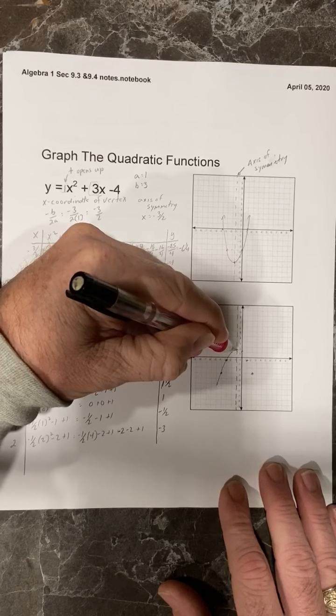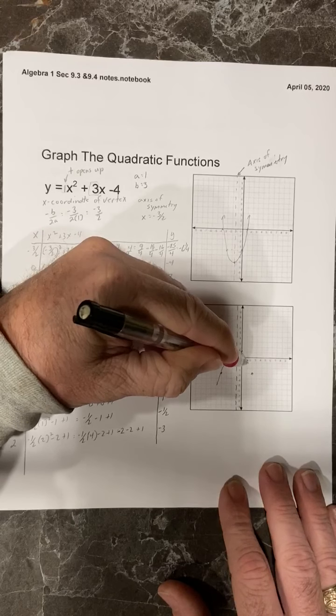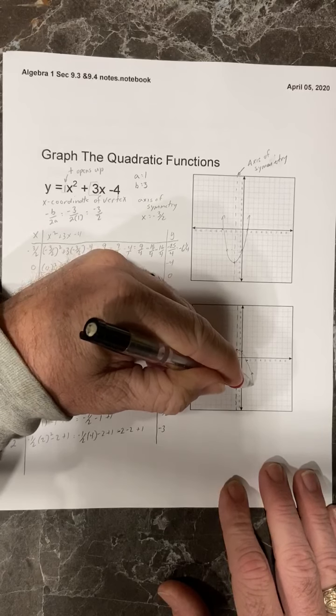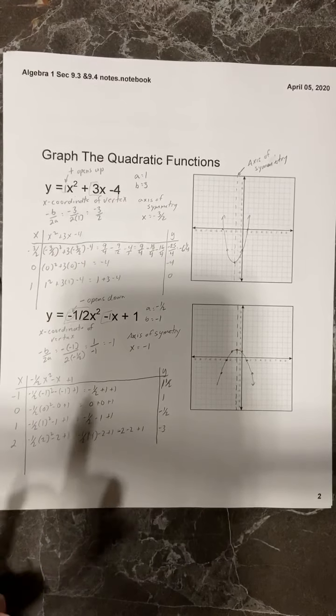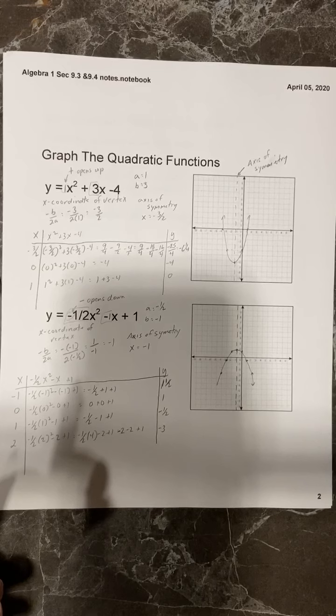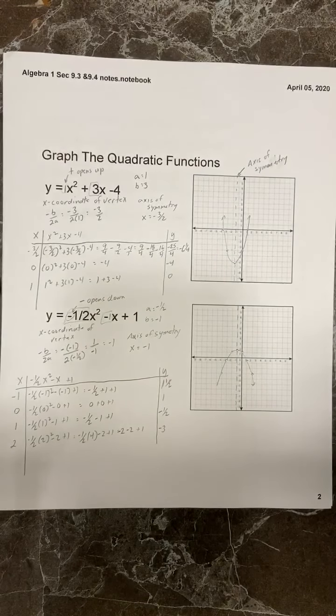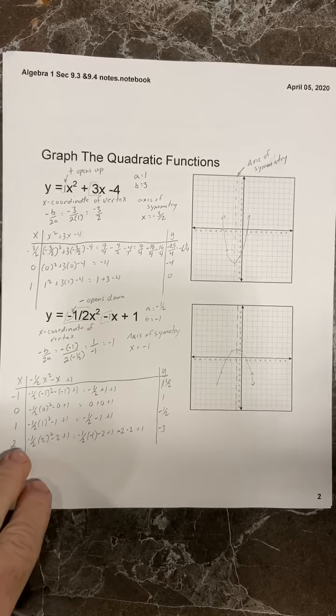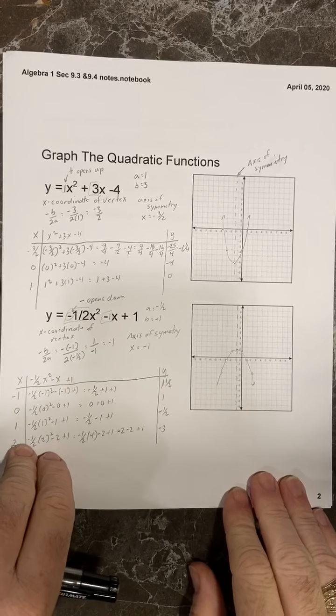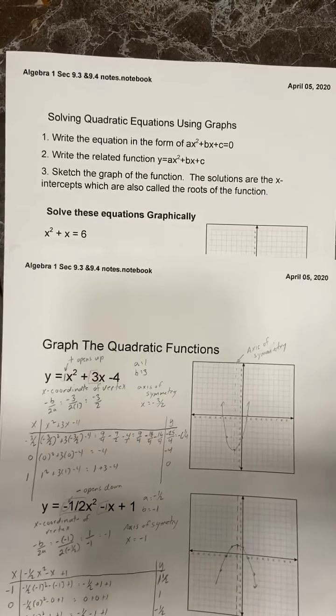Draw in our nice neat curve. And there's our parabola there. Once again, it opens downward, just like we were expecting, because it is a negative leading coefficient. All right, so that's graphing those.